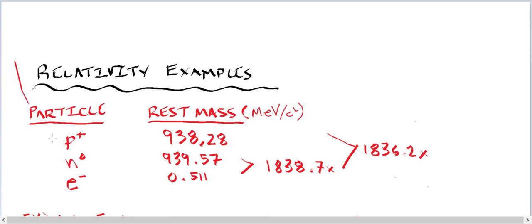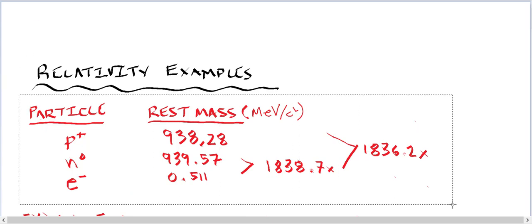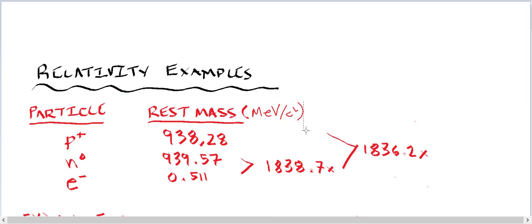So if you'll allow me, I'd like to pick on a few particles: the proton, the neutron, the electron. I'm going to describe the rest mass, which we discussed in our last lecture, in a set of units that is probably a little odd to you, MeV over c squared.